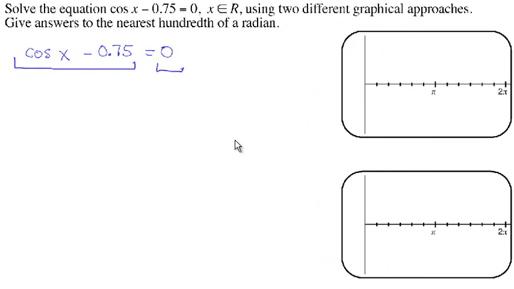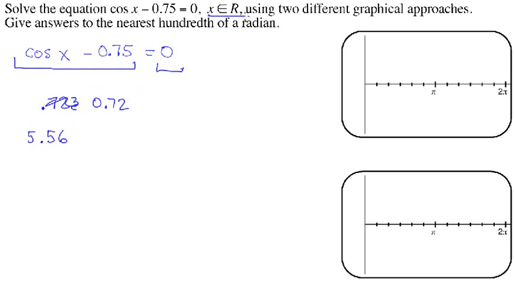Now, we had 0.723 and 5.56. Sorry, they want these to the nearest hundredth, so I should just have 0.72 up here. Those are our first solutions.